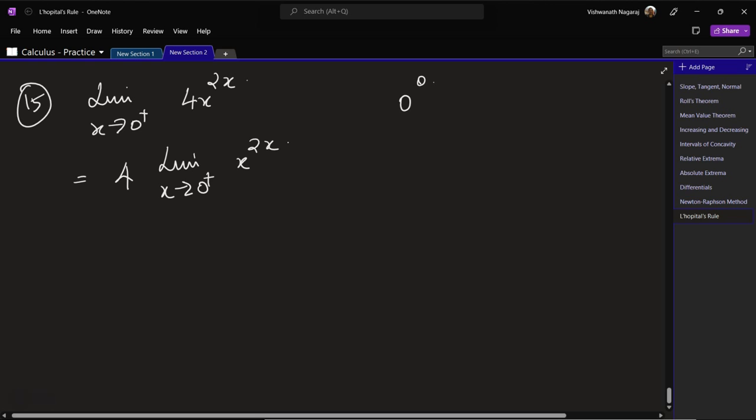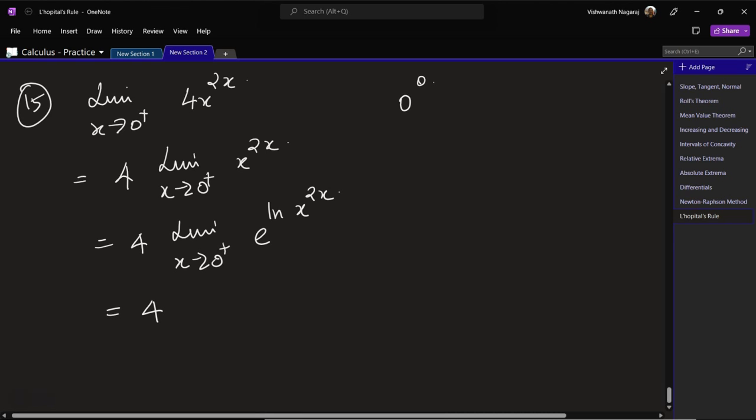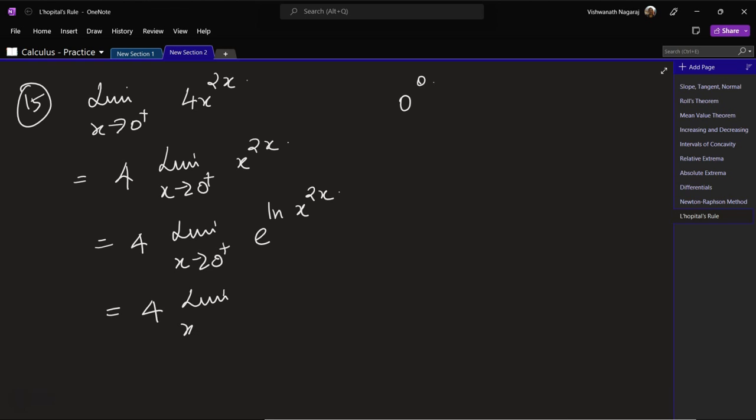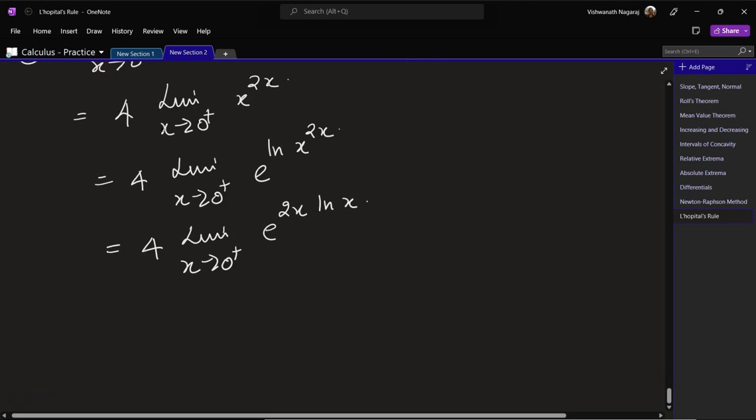Now again, we have to bring this 2x down. So this can be written as 4 times limit as x approaches 0 from the positive side of e to the power of 2x natural log of x, right?